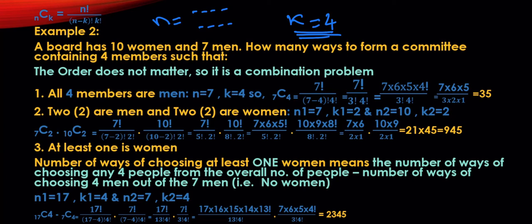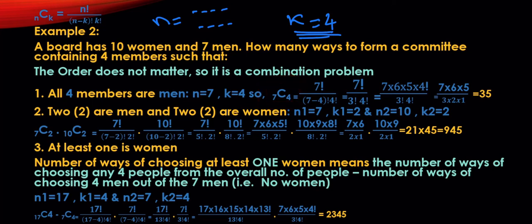So in this case, how many ways do I have? The number of ways to select 2 men times the number of ways to select 2 women. So it will be the same formula which we have here.